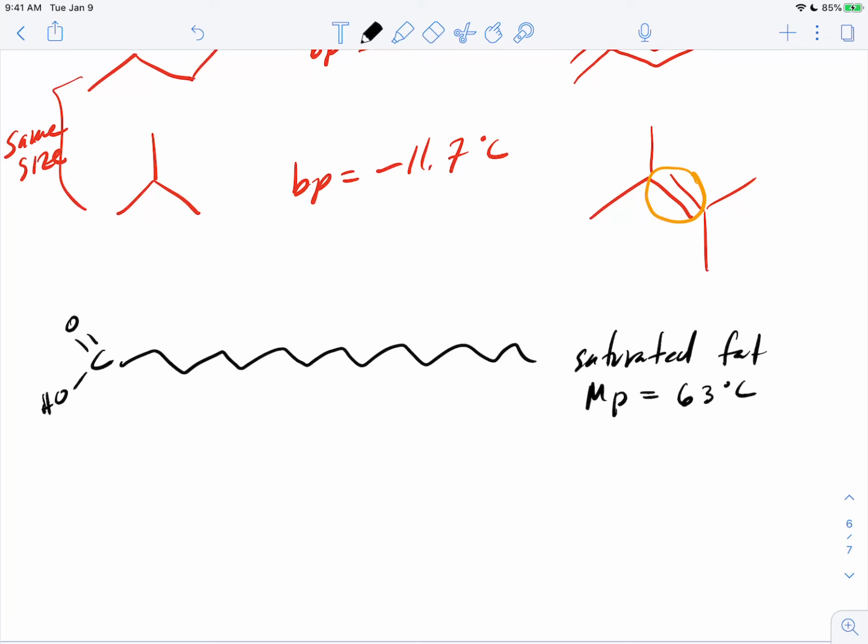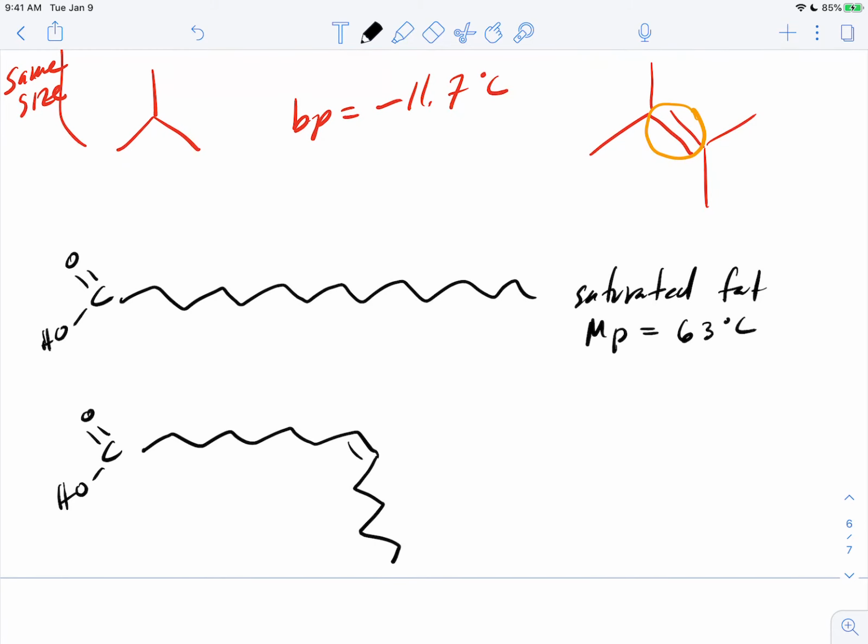Okay. And then if we take an unsaturated fat, same polar head group, but then we're going to have at some point a kink where we have a double bond. It's unsaturated. So if we have the same number of carbons and hydrogens, so it's the same mass, this is an unsaturated fat.